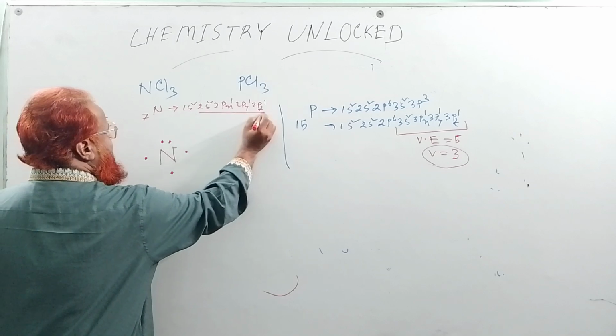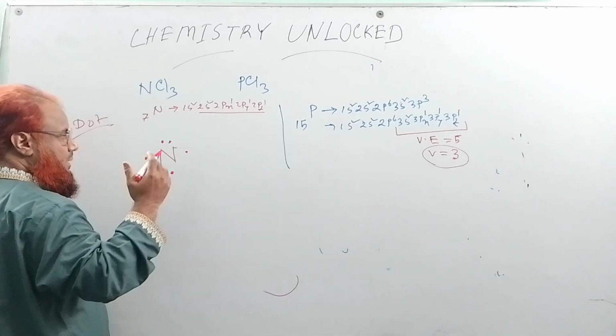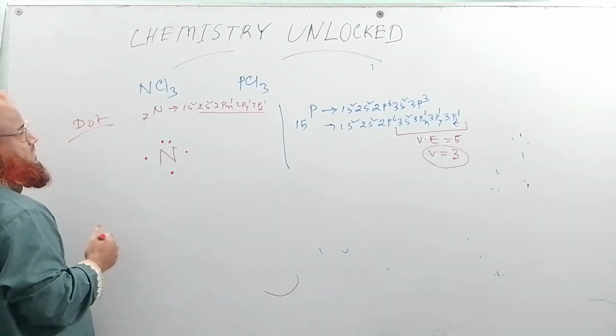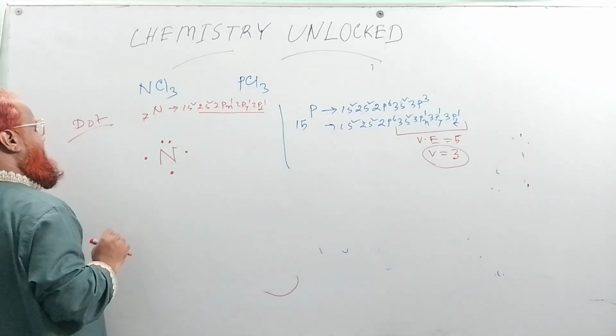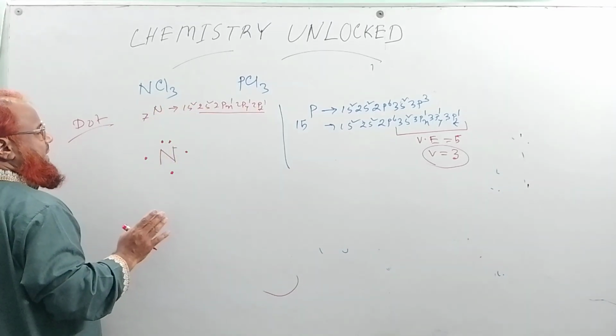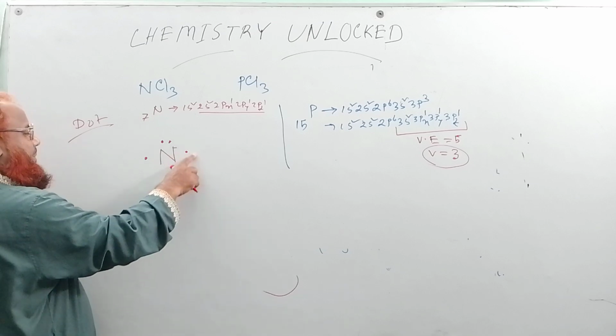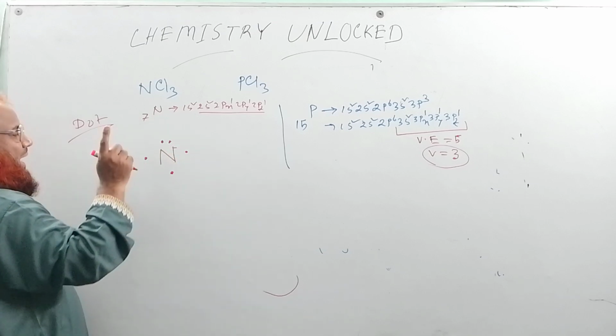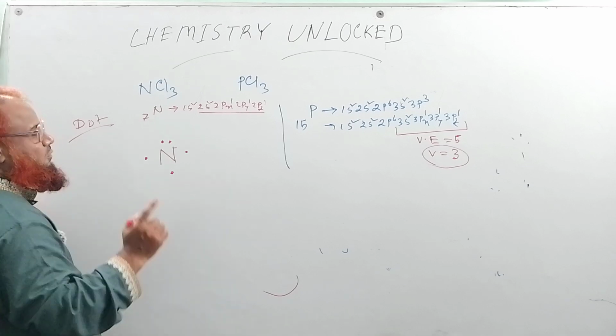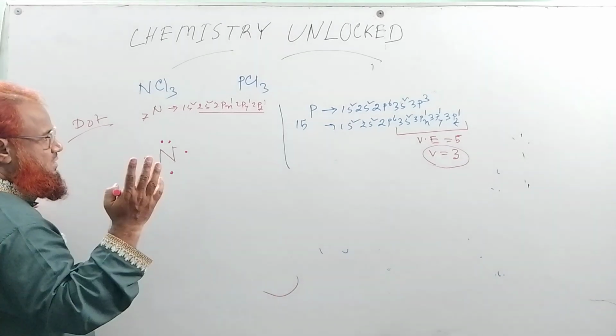So these were the valence electrons of nitrogen. 3 are remaining as single and 1 as a pair. Always keep in your mind that the unpaired will be paired. And every chlorine atom has 1 unpaired and 3 lone pairs.